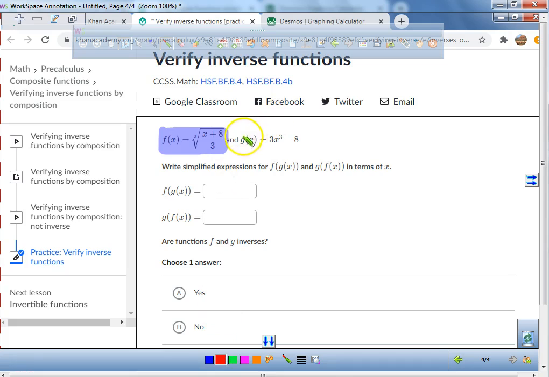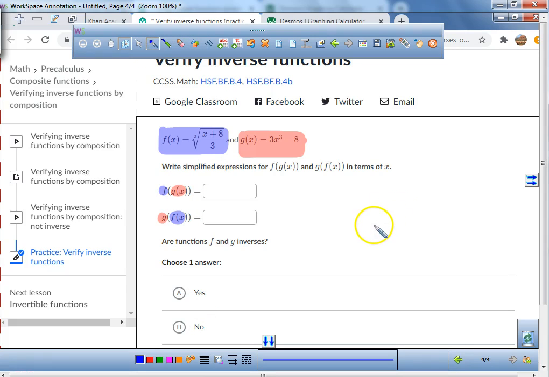And over here it says g of x equals 3x cubed minus 8. So once again, the g of x will be in red, and f of x will be in blue. All right, we'll go ahead and work through this.